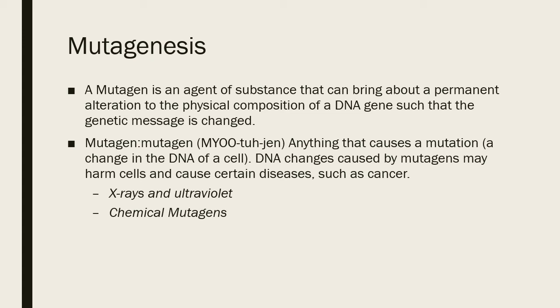These can be X-rays and ultraviolet rays, and these can be chemical mutagens. And these changes include alterations in the base sequence of DNA and changes that alter the structure or number of chromosomes.